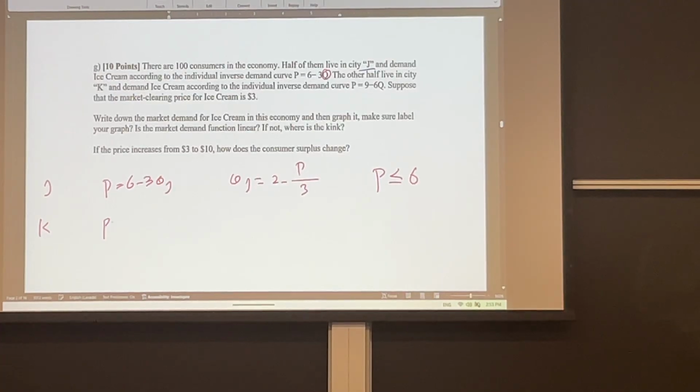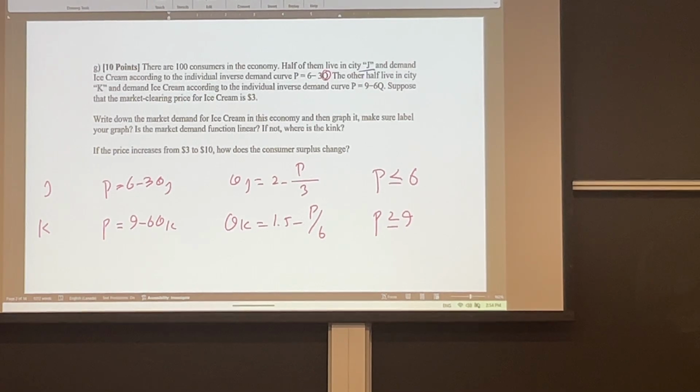K, that's the inverse demand. And let's see the actual demand. The reservation price is how much? 9. Right? Okay? Make sense? Okay.